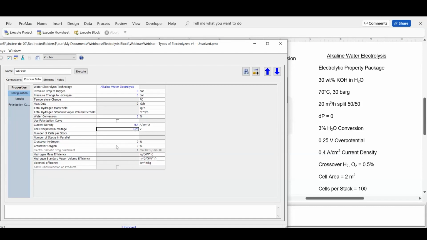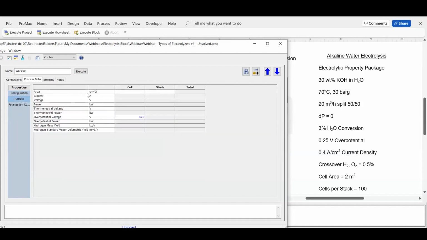And we have 100 cells per stack. We have a cell area of 2 meters squared, and that particular property gets entered in the cell area field right here.